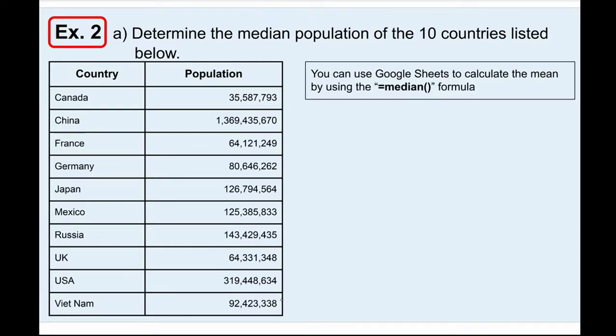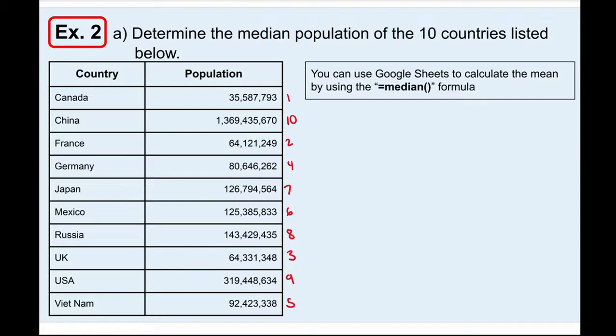In this case, the lowest population here is actually Canada, so we're going to put 1. 2 would be France, 3 is the UK, 4 is Germany, 5 is Vietnam, 6 is Mexico, 7 is Japan, 8 is Russia, 9 is USA, and 10 is China.